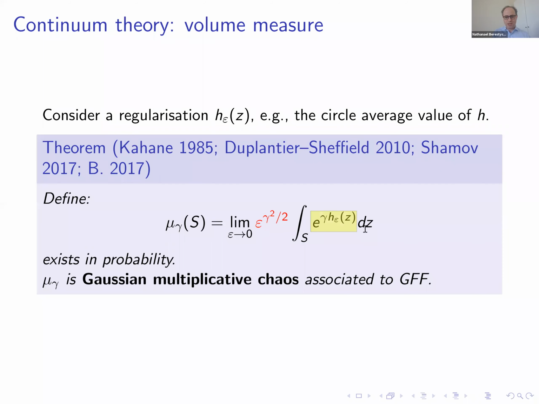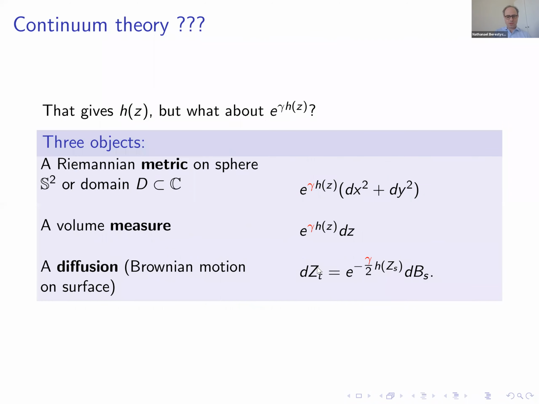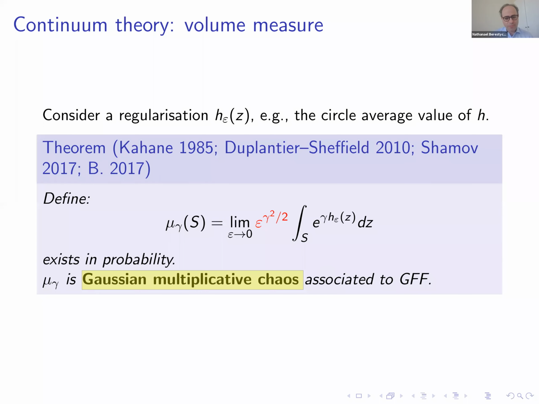And so that, you can view this now really as a random measure. And if you rescale it appropriately, you can hope that this will converge, this will have a limit as epsilon tends to 0. And so this is something that we now know very well. This procedure is called the Gaussian multiplicative chaos associated to the Gaussian free field. And it goes back to many people.